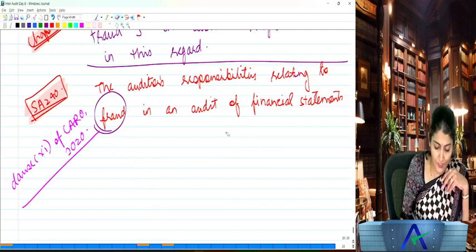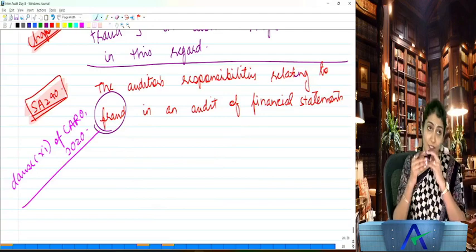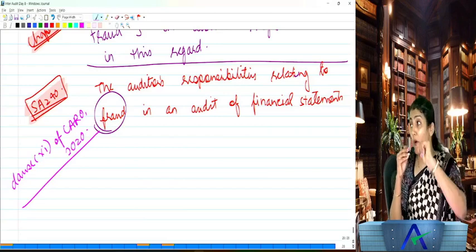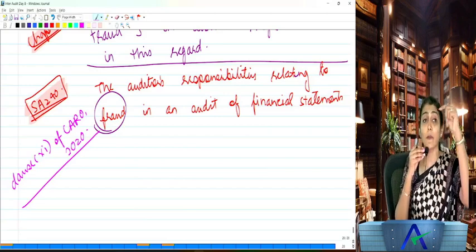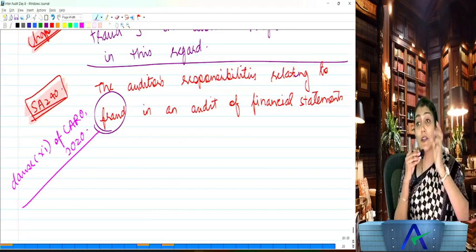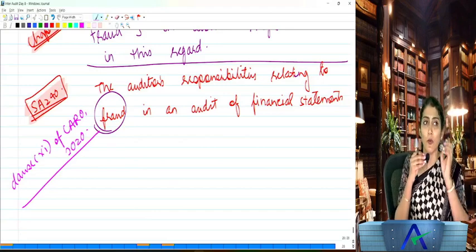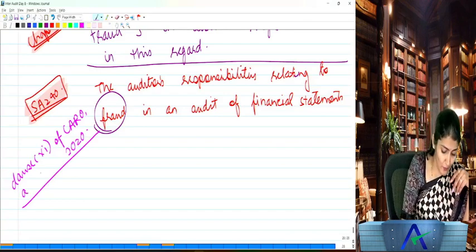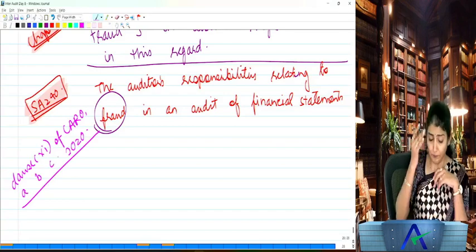If yes, the nature and amount involved is to be indicated. Then whether any fraud reporting has been done to the central government under 143(12) in form ADT-4, and whether the auditor has considered the whistleblower complaints received by the company during the year. So that was clause 11 (a), (b), (c) of the CARO.